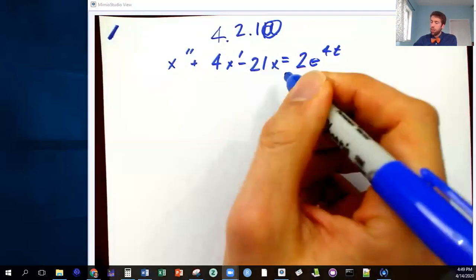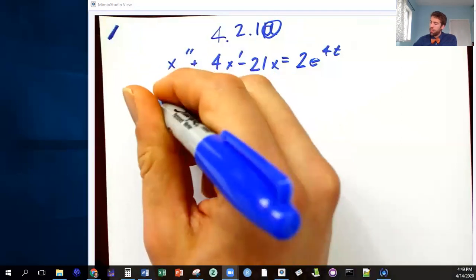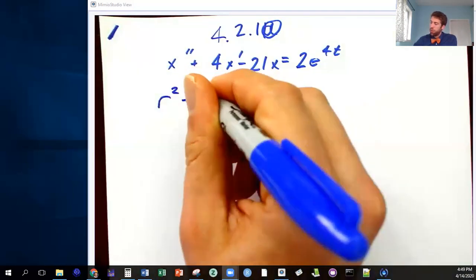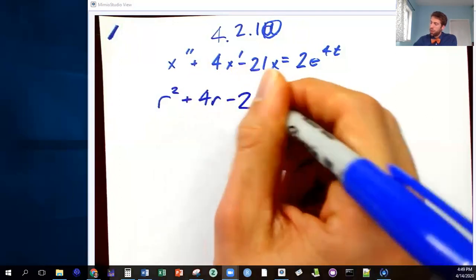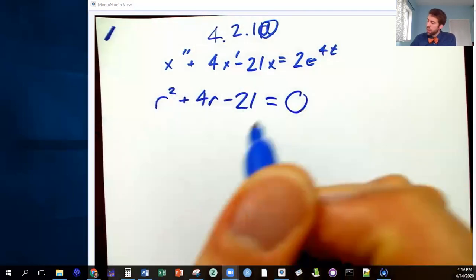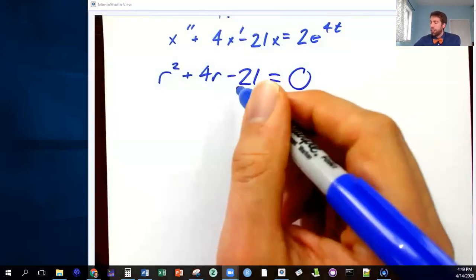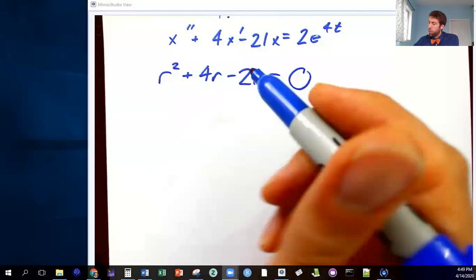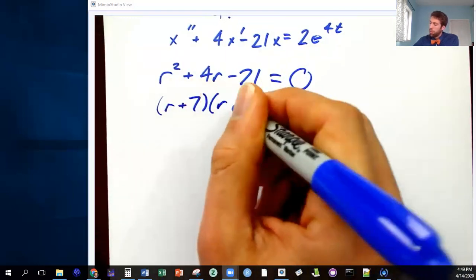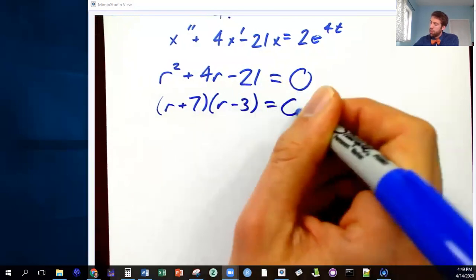Here, we're going to do the same thing we've been doing since last section. Our characteristic polynomial, r squared plus 4r minus 21 equals 0, because I'm solving the homogeneous equation. Well, two factors of negative 21 that add to 4 would be r plus 7 and r minus 3 equals 0.